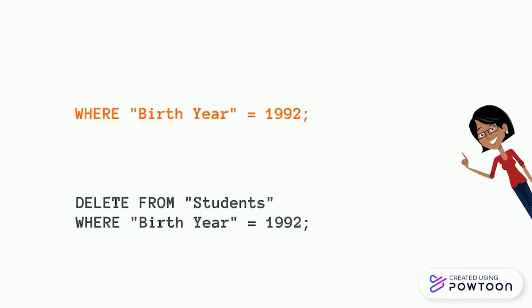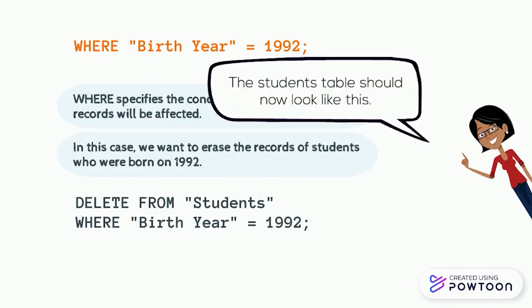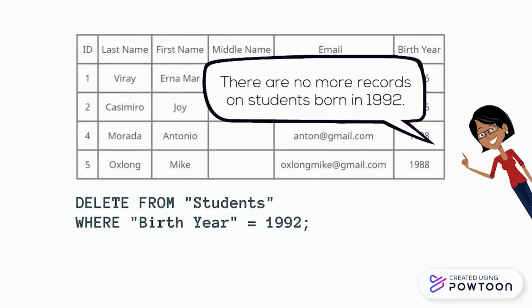Where specifies the condition for filtering which records will be affected. In this case, we want to erase the records of students who were born in 1992. The students table should now look like this. There are no more records of students born in 1992.